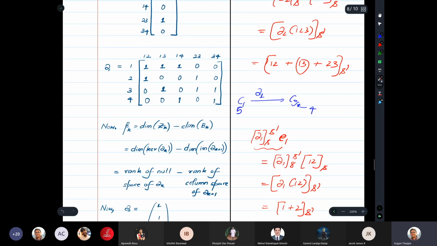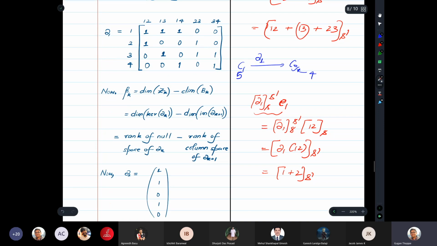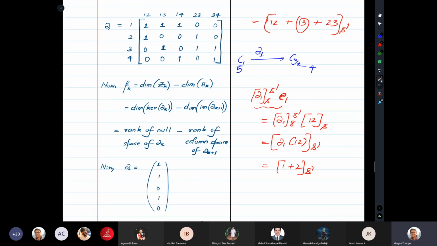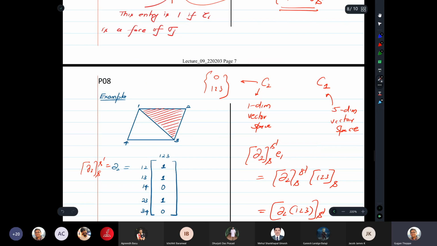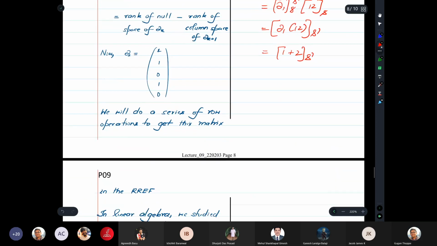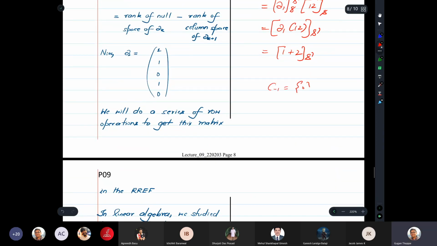So one can ask, would we have a matrix for ∂0 as well? Well, in the usual homology, the ∂0 matrix will have 0 columns, because C minus 1 would be trivial, right? So it doesn't make sense to write this ∂0 matrix when we are working with the usual homology.